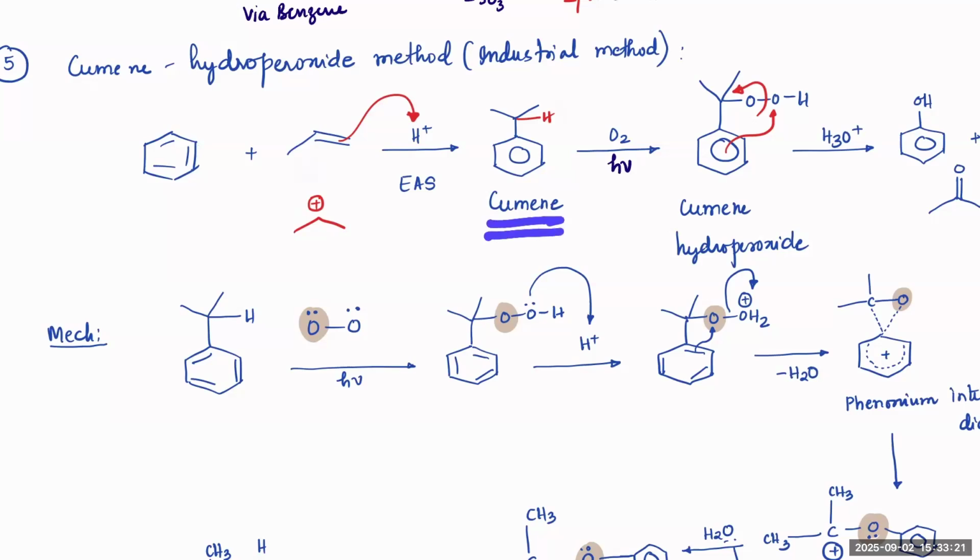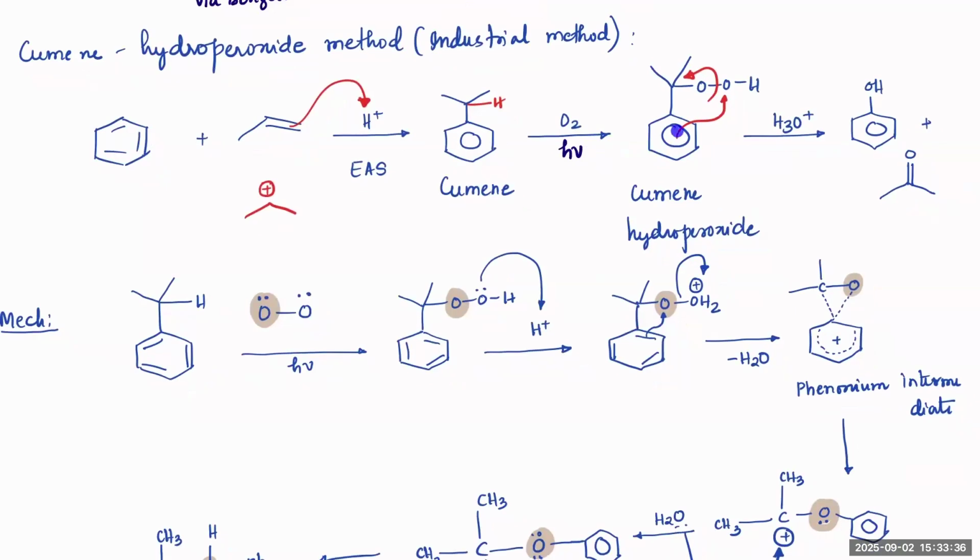This is cumene. When you oxidize cumene in air, in the presence of light, between this carbon hydrogen bond there will be an insertion of oxygen. On insertion of this oxygen, you see, these oxygen-oxygen bonds are weaker. Any peroxy bond is very weak.